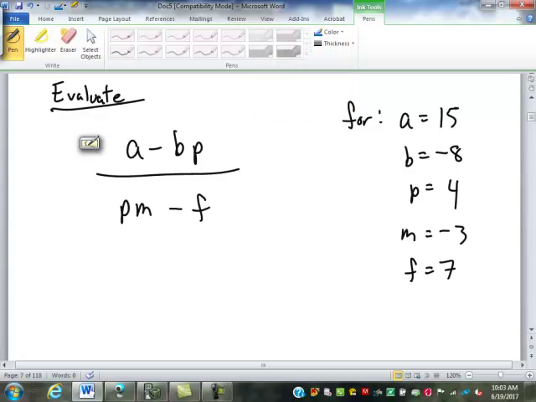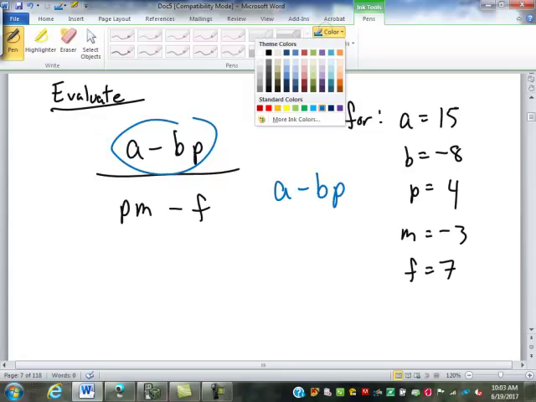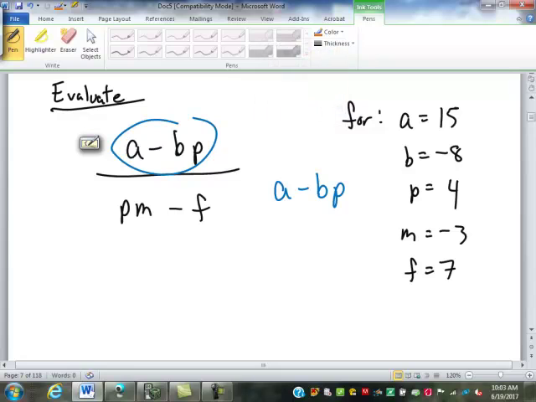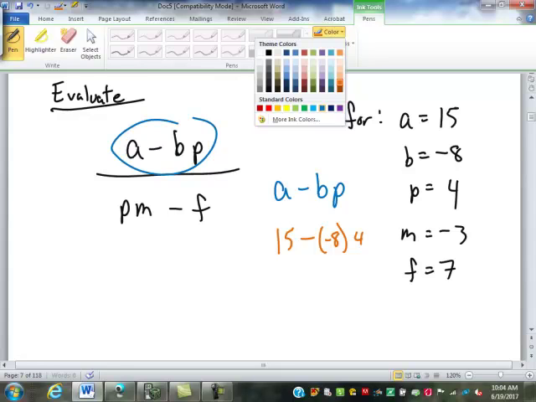So, we're going to start out with what's on top here. A minus BP. What does that become? 15 minus a negative 8 times 4. I guess I don't need the parentheses around the 4 because it's positive. What do I have to do first there?